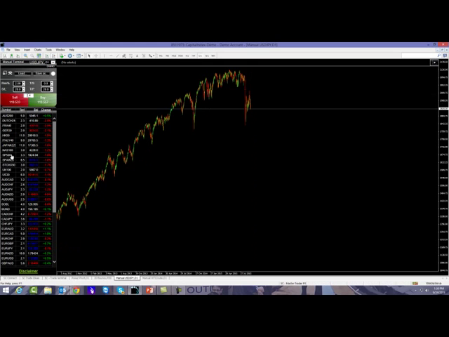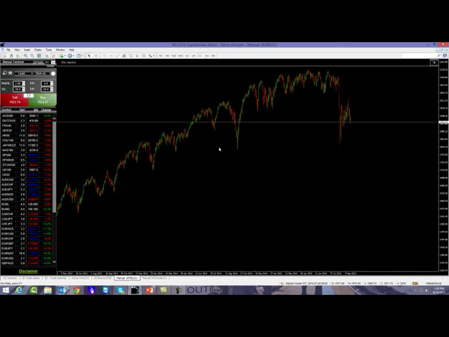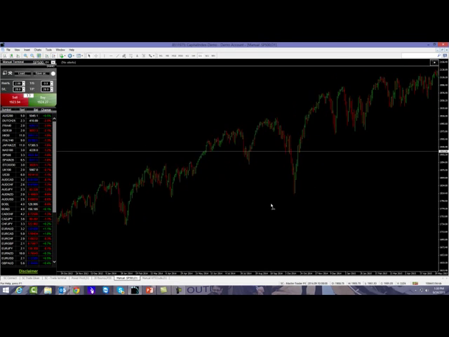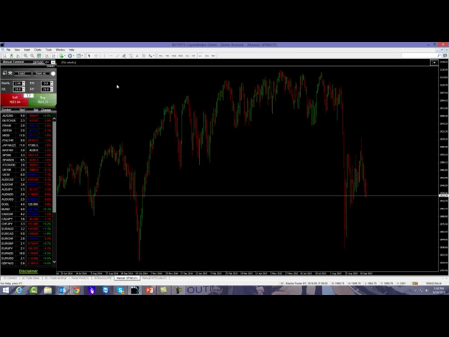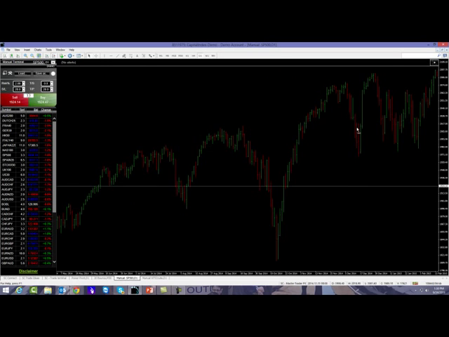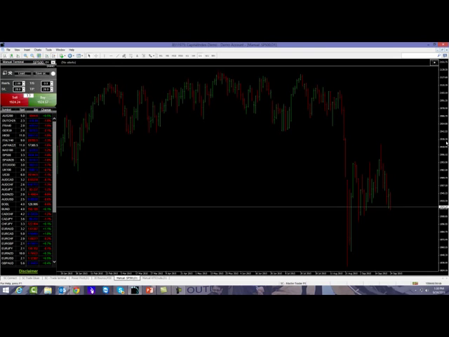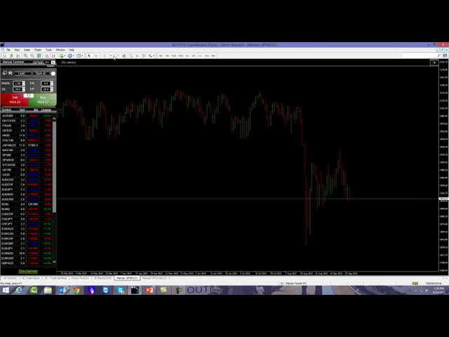And now let me show you something interesting. This is now the S&P 500, just before the market is going to open. It's going to open in an hour from now. And the most important line here is this line. You can see here clearly that it has now been broken.